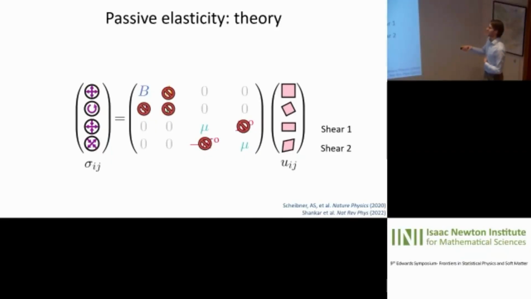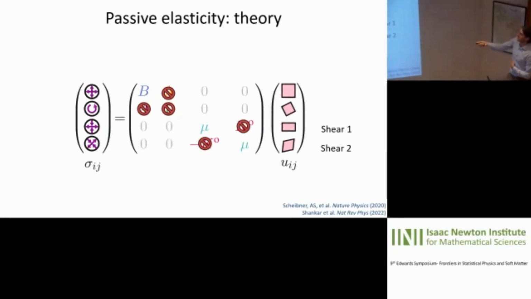So this is just a funny way of writing out this elastic tensor, where I have a strain field here that I've decomposed into 4 components in 2 dimensions, and a stress field decomposed in the same way, right? So in particular, the top row here is the pressure in the stress and the volumetric dilation in the strain.